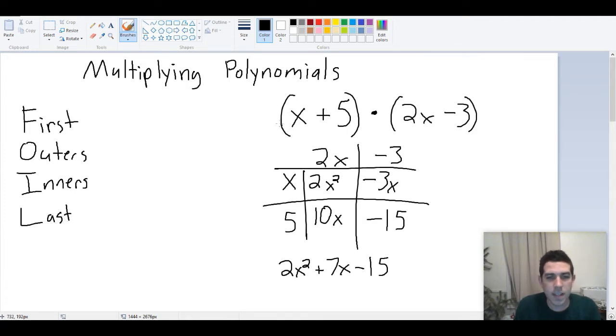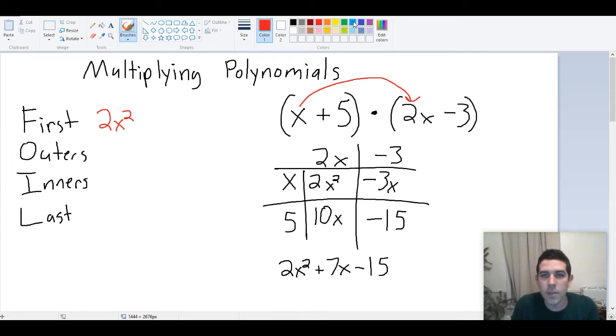So that means it's kind of going to work like a distributive property. We're going to first multiply the first terms together in the polynomials. That means this x here gets multiplied by the 2x. x times 2x makes 2x squared.